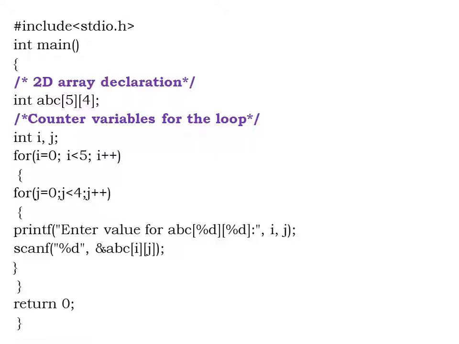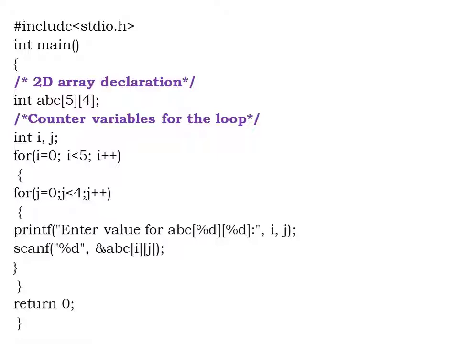The necessary variables that are required are the counter variables i and j. We have two for loops. One is the outer for loop, where I have initialized i equal to 0, i less than 5, i plus plus, and the inner for loop, where we have j equal to 0, j less than 4, and j plus plus.